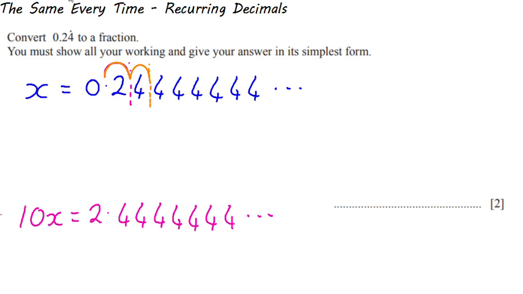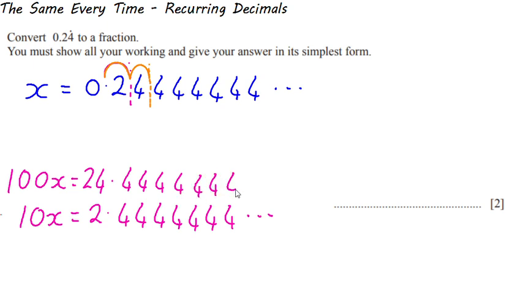So moving my decimal point 2 places is the same as multiplying by 100. So 100 times x. This time it's going to be 24 point something, isn't it? So 24 point, and then again all the 4s like that, the repeating part on the right-hand side.